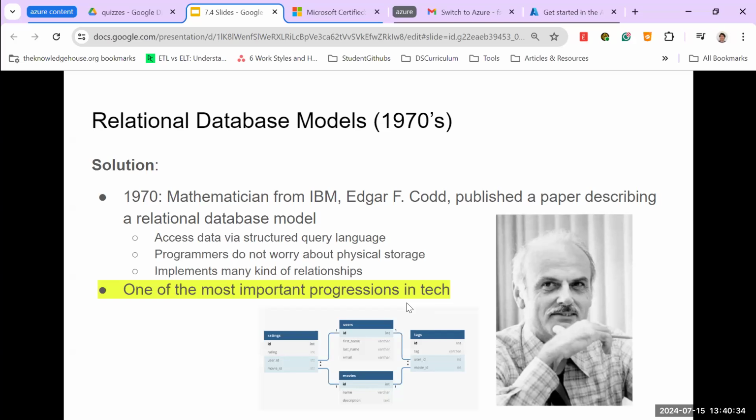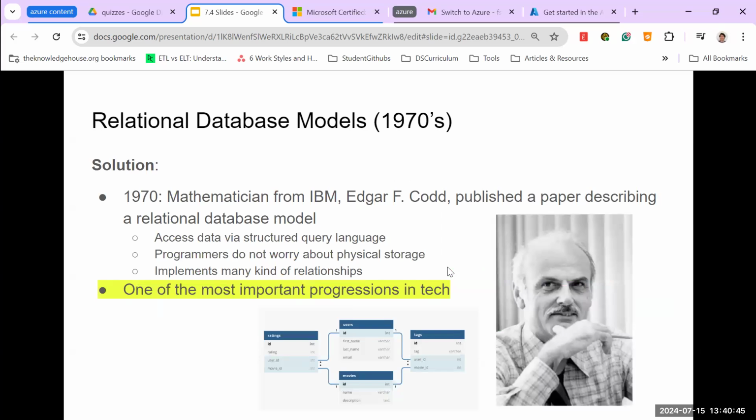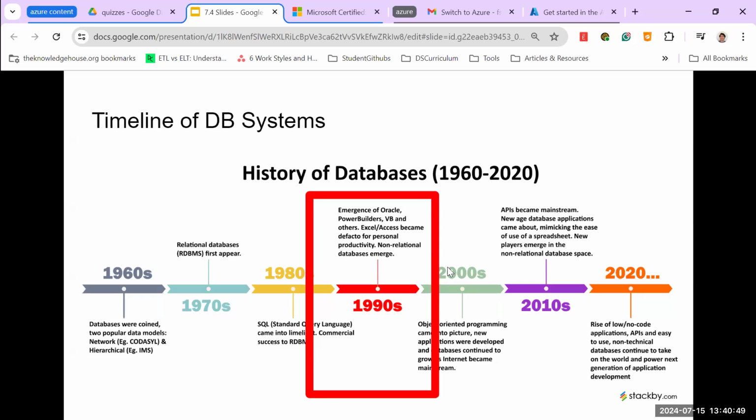It's such a great idea that it seems simple. Now, I'm going to talk about other events in the world of database management, but once again, they all dwarf in comparison to this event that happened in the 1970s.